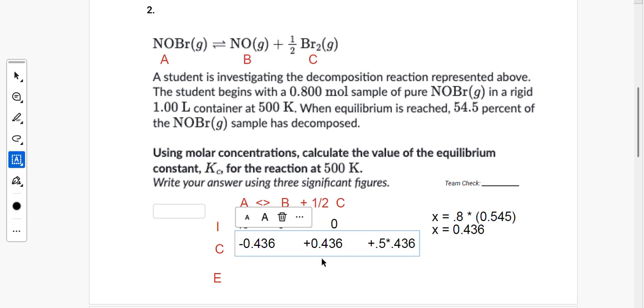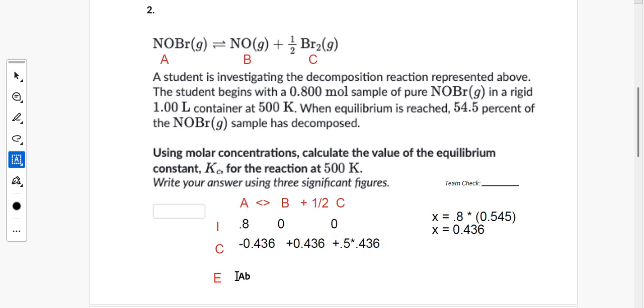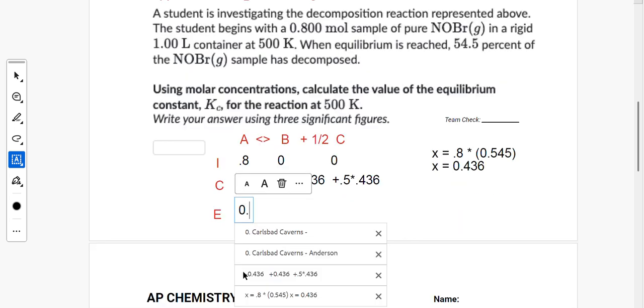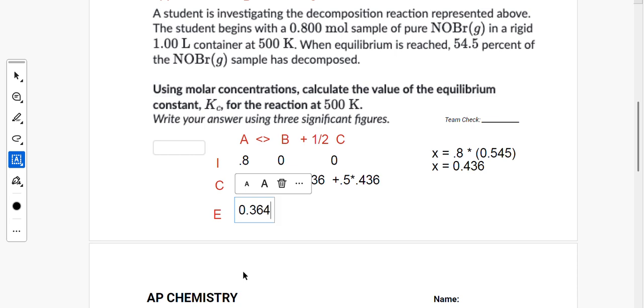Then we come down here, and I'm going to bring those closer so you can see it. Once I calculate those out, I get 0.8 minus 0.436, and I get 0.364 for my A value.